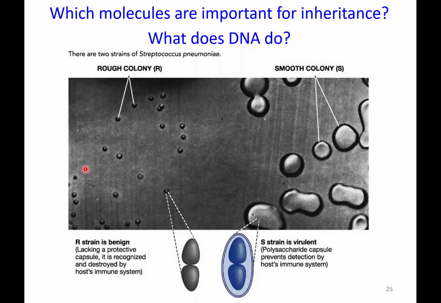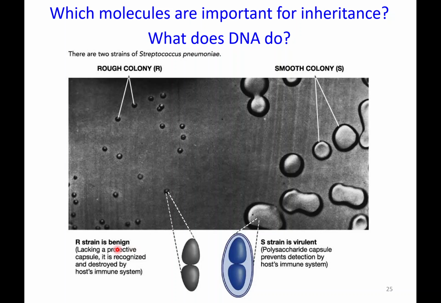One of them was using bacteria, and in particular, it was Streptococcus pneumoniae, which is the bacteria that causes pneumonia. There's two strains of it, a rough colony R and a smooth colony S. And the rough colony is benign.